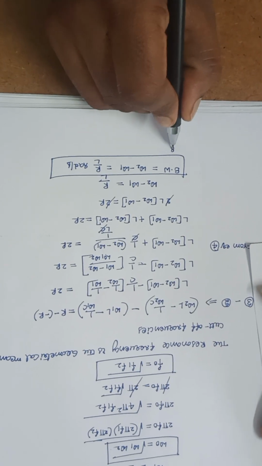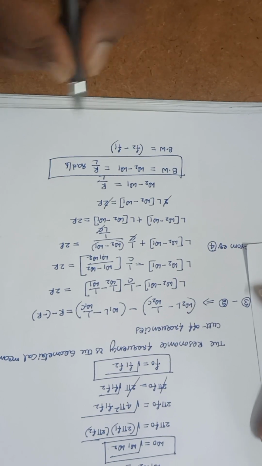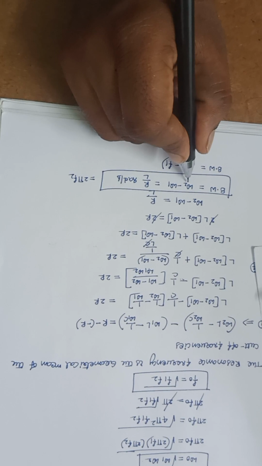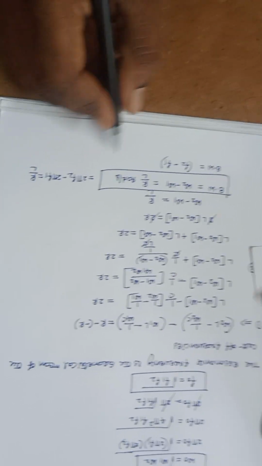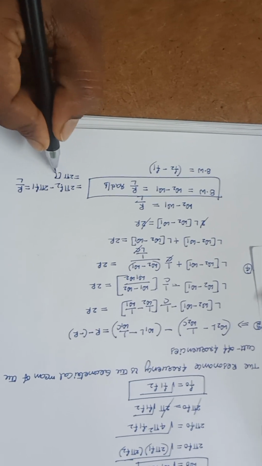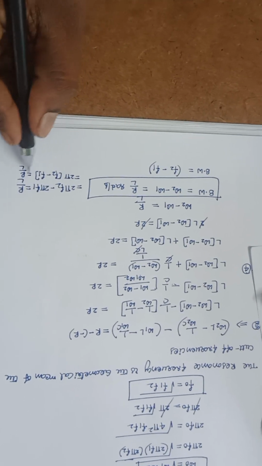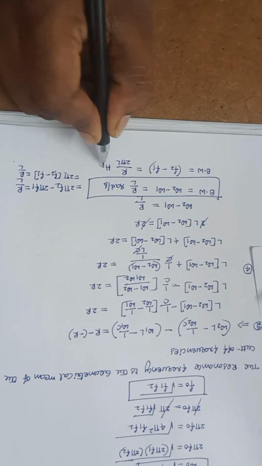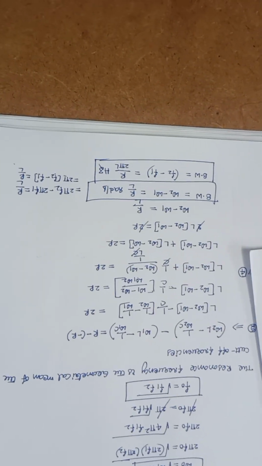If you want to find the same bandwidth in terms of F2 minus F1, I am rewriting this: omega 2 is nothing but 2 pi F2, so 2 pi F2 minus 2 pi F1 is equal to R by L. If I take 2 pi as common, F2 minus F1 is equal to R by 2 pi L. It is in hertz. So this is how we can calculate the bandwidth.